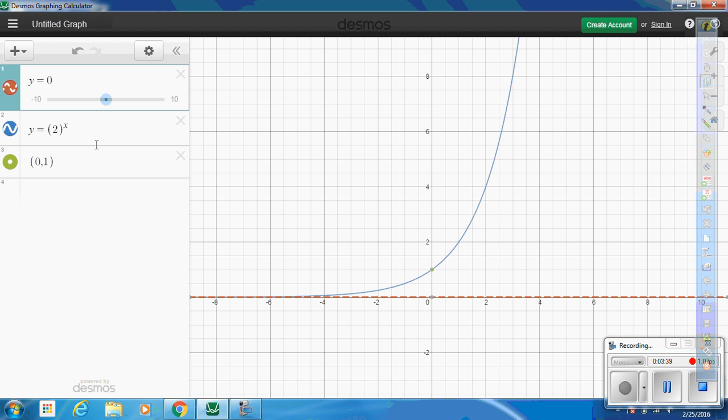We said outside the function moved things up and down, and inside the function moved things left to right. So if we think about that in context to our exponential function, we have to know where's inside and where's outside. So inside the exponential function would be in the exponent. Outside the exponential function would be outside the exponent, over to the side.